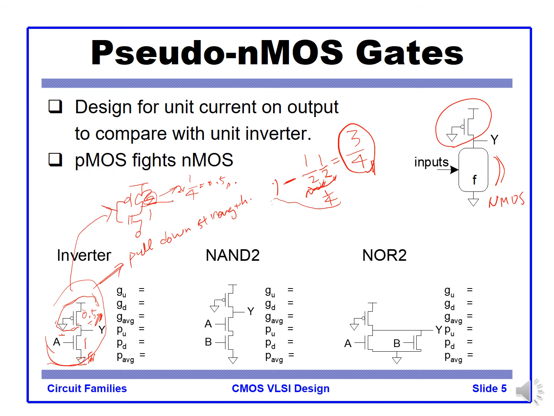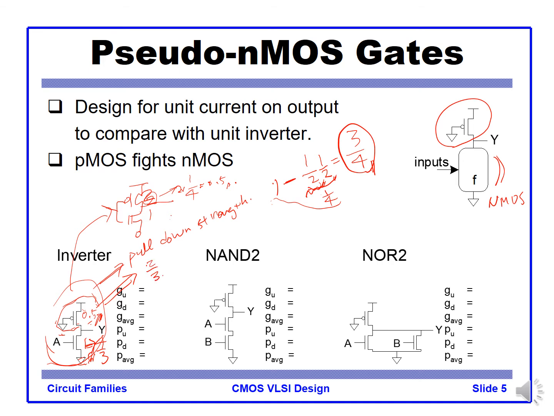So if we want to make the pull down strength equal to the inverter, we have to size the NMOS at 4/3, right? We multiply everything by 4/3. So NMOS becomes 4/3 and PMOS becomes what? 2/3, right?